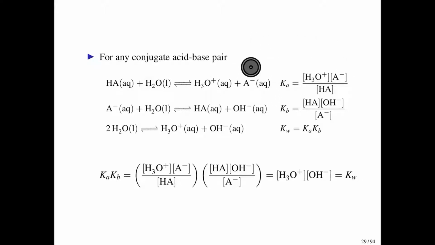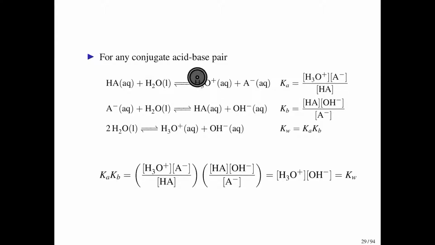Take its conjugate base and write out the base ionization reaction for it. So here, the conjugate base is acting as a base and it accepts a proton from water. That reforms the weak acid and leaves behind hydroxide. And here's the Kb expression for that weak base.